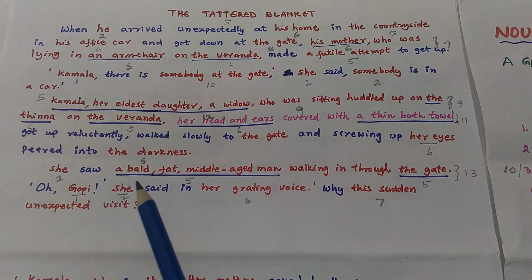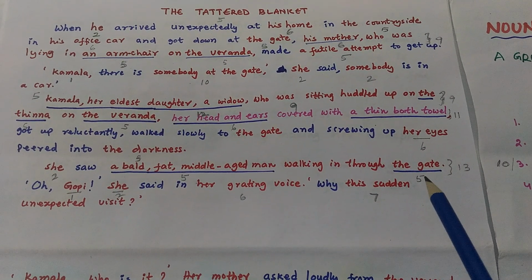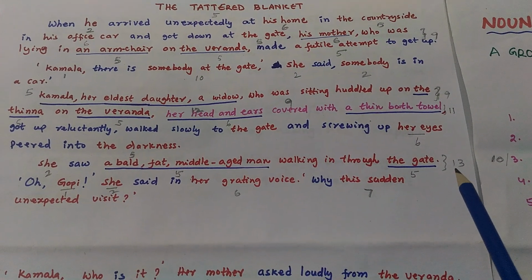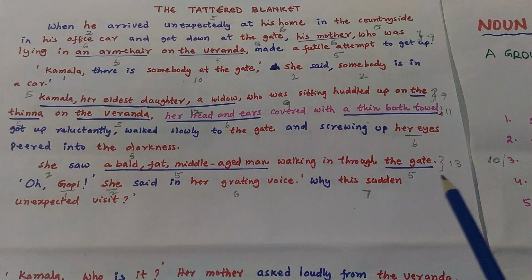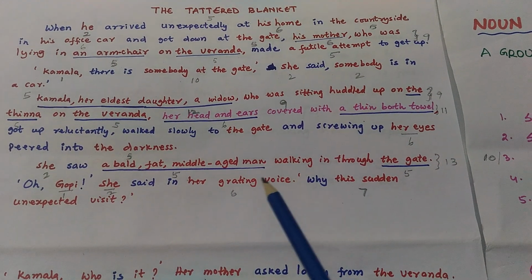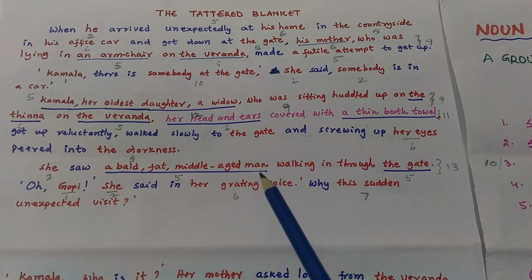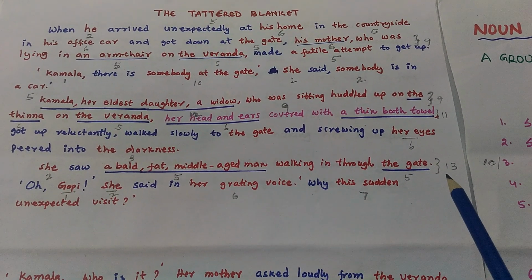And the next one, a bald, fat, middle-aged man walking in through the gate is a big noun phrase, and its indicator is 13. The 13 indicator tells us that noun plus verbing phrase, that is, a bald fat middle-aged man plus verb-ing formed phrase, is also called noun phrase.